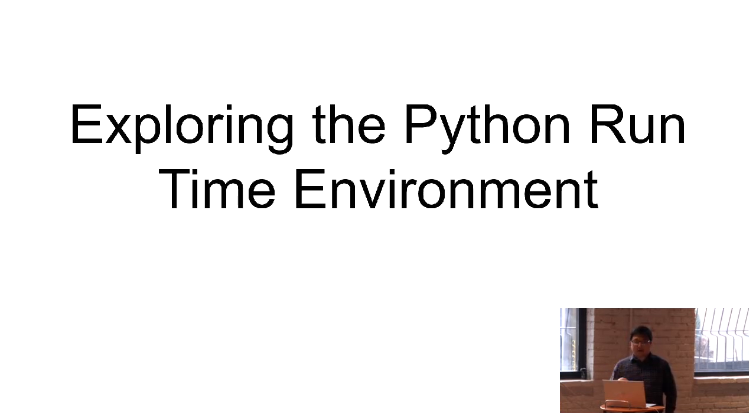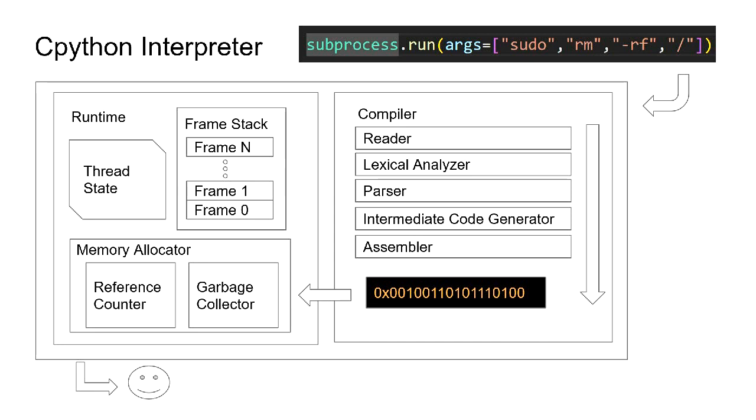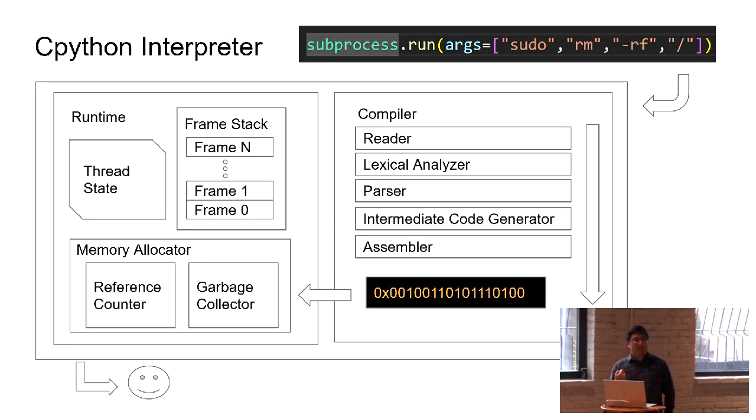So I'm going to start with a brief overview of what the CPython interpreter is and what it does. So let's say I'm a clever, lazy programmer who was given the assignment that they need a program that is completely secure and bug-free. So I was like, if I just delete everything, then it's perfectly bug-free and secure.